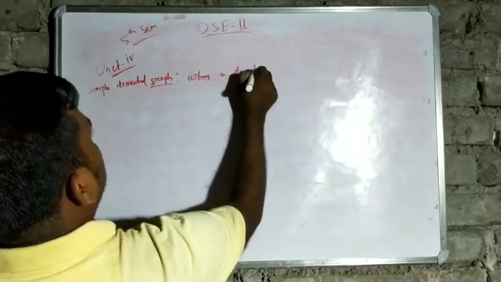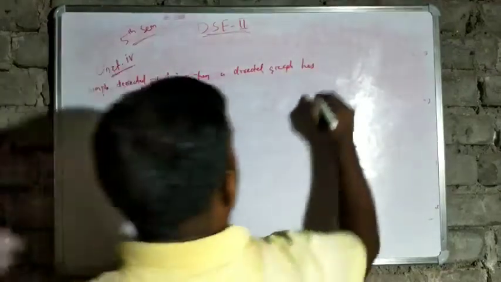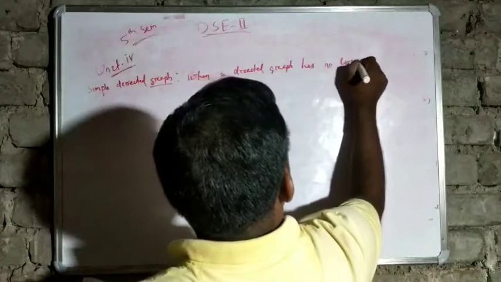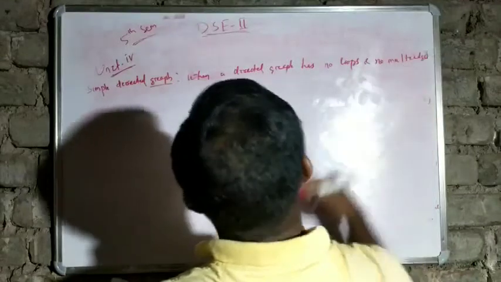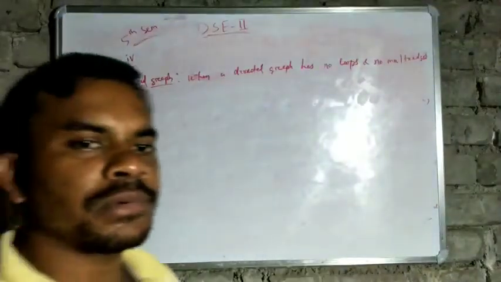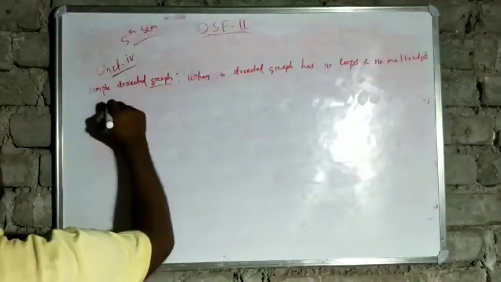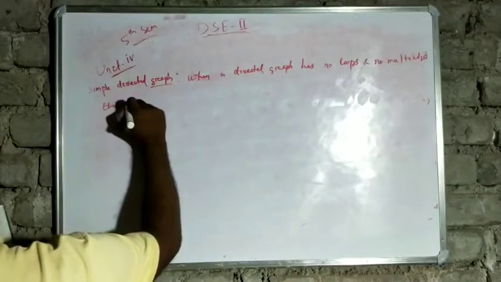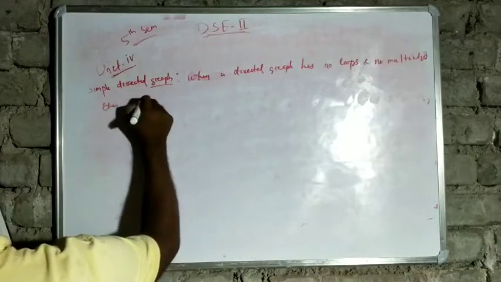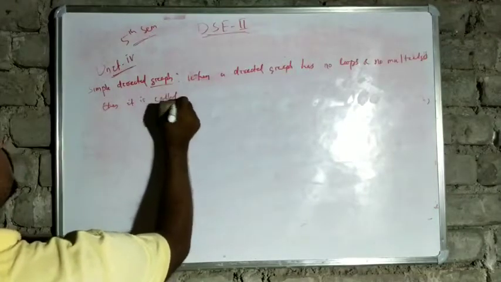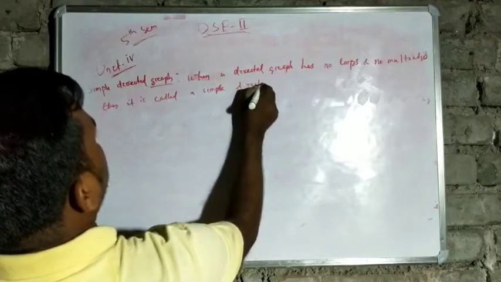When a directed graph has no loops and no multi-edges, then it is called a simple directed graph.